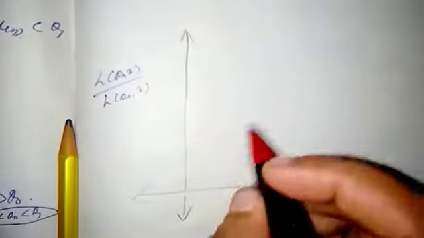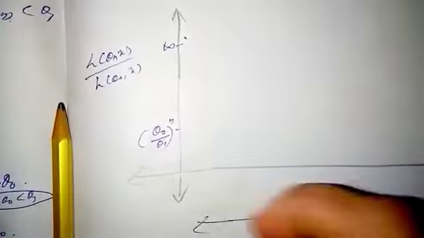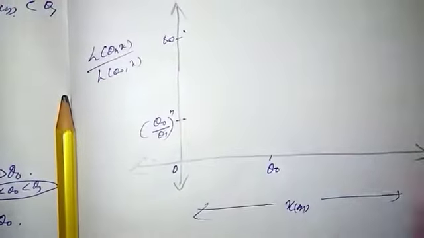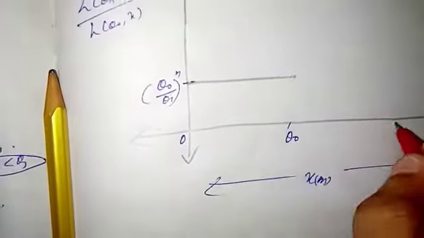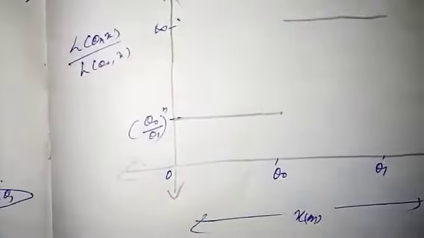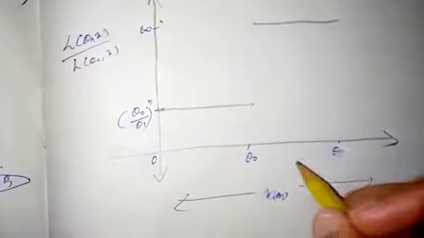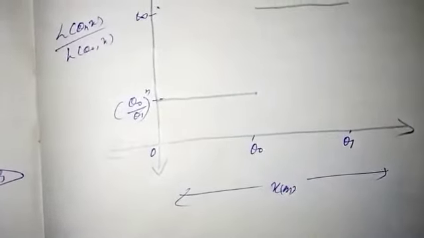Here theta naught divided by theta 1 power n, and infinity. So 0 to theta naught takes the value theta naught by theta 1 power n, right? This value. Then theta naught to theta 1 takes the value infinity. So one of the rejection regions is theta naught less than xn less than theta 1.